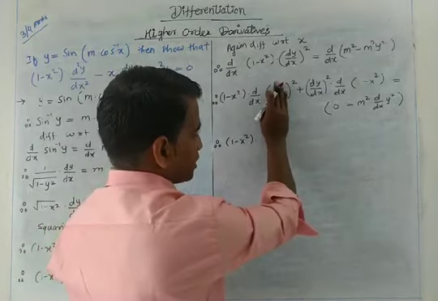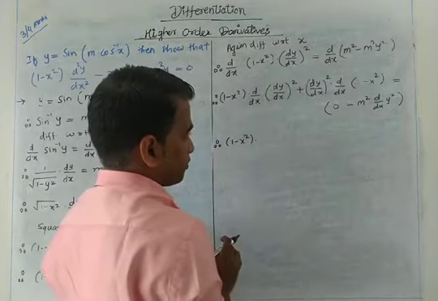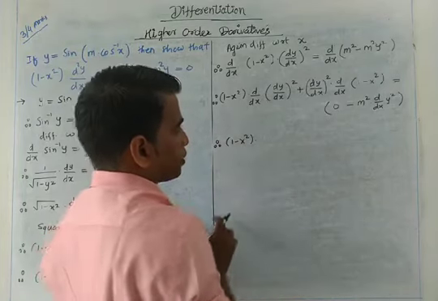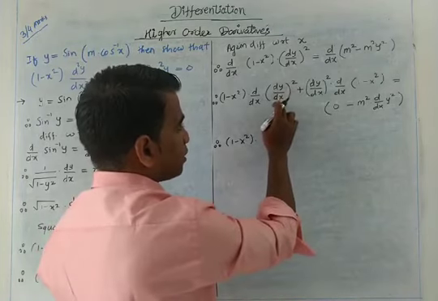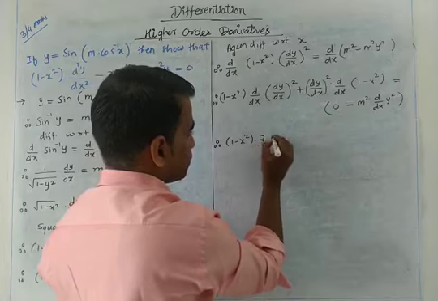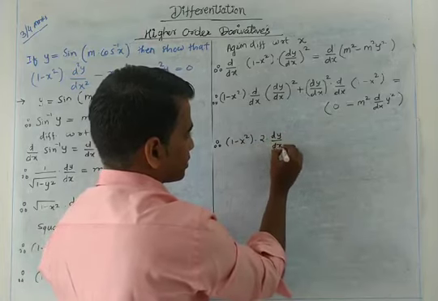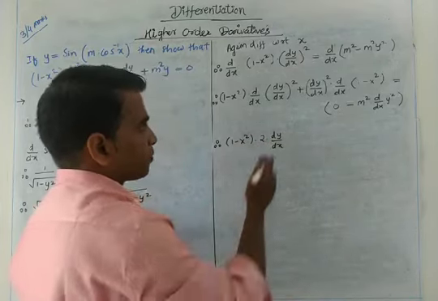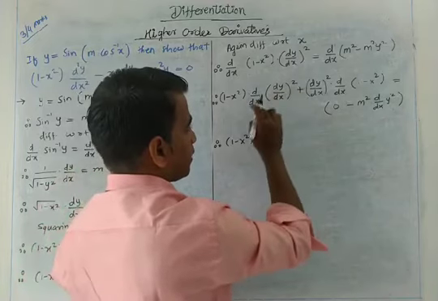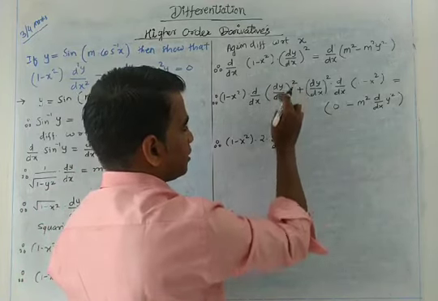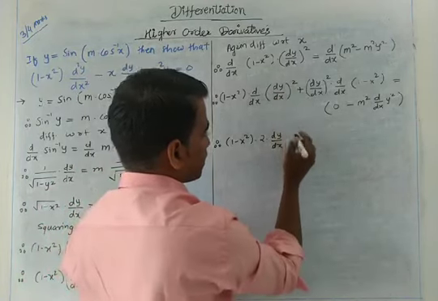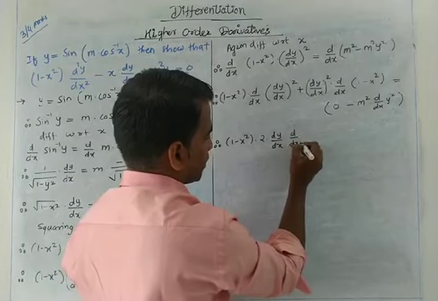We will assume the bracket as x, so the x² formula gives 2x, but instead of x here it is dy/dx, so 2 dy/dx into the derivative of dy/dx, because we assumed it as part of x, so d/dx of dy/dx I have to multiply.